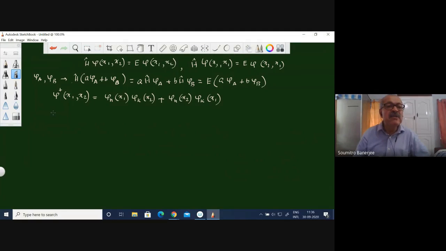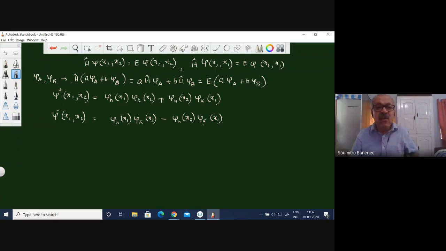Another possibility is psi minus. Simply I have added these two, right? psi minus (x1, x2) is equal to psi n(x1) psi k(x2) minus psi n(x2) psi k(x1).